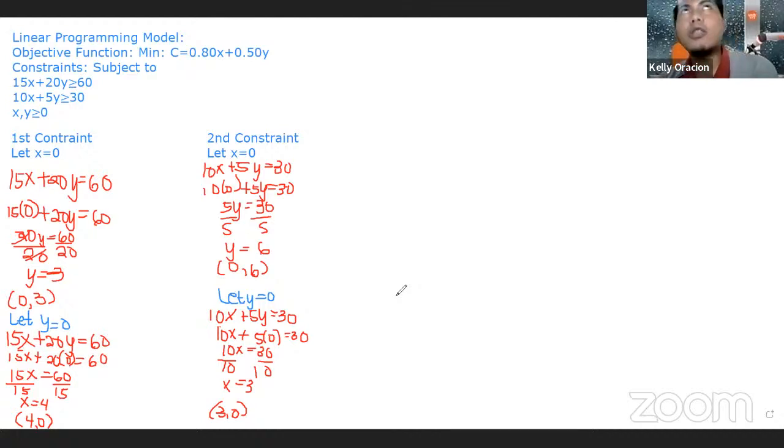Unlike in maximizing, with two constraints, there are 4 corner points, because 0, 0 at the origin is included. But for a minimization problem, 0, 0 is not included. Again, there is no 0, 0 in minimization.